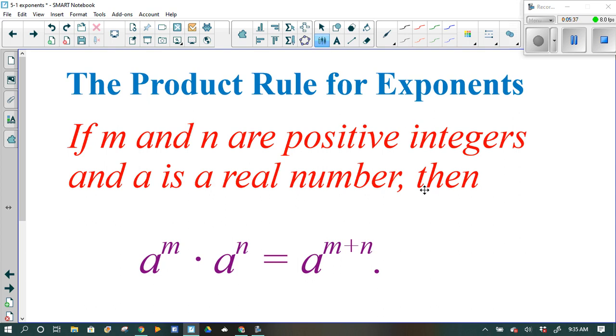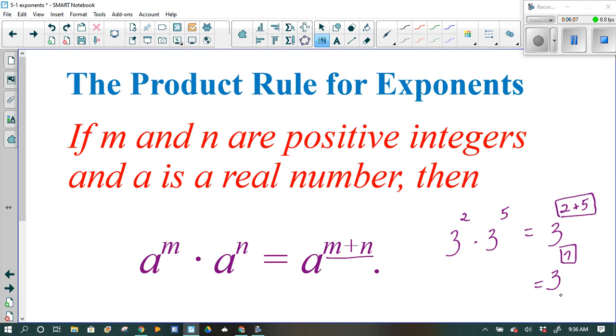So for example, if I have 3 squared times 3 to the 5th equals 3 to the 2 plus 5, because you want to add those exponents. Well, what is 2 plus 5? So that would be 3 to the 7th power. So make sure that you are adding your exponents.